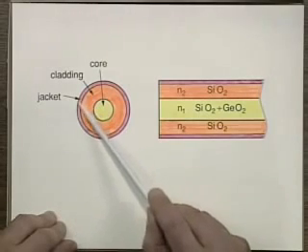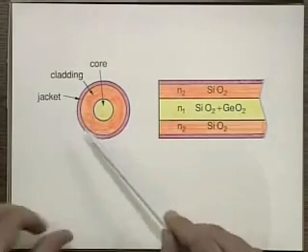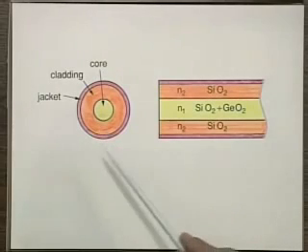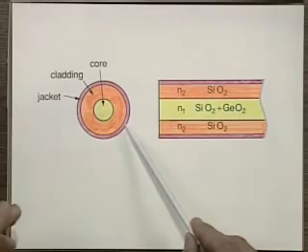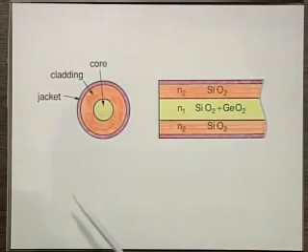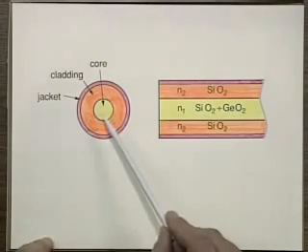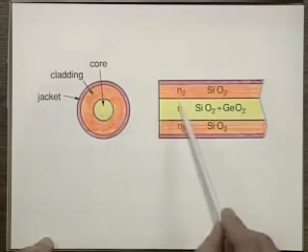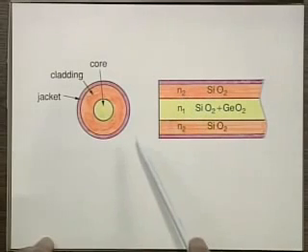And then the cladding is surrounded by a jacket, and depending on the type of material that you use, the jacket then protects the cladding. The refractive index N1 of the core is bigger than N2.